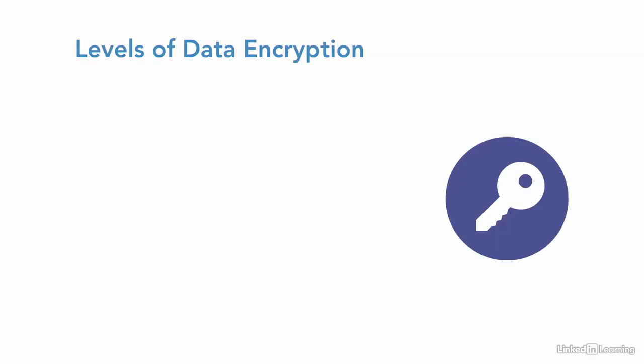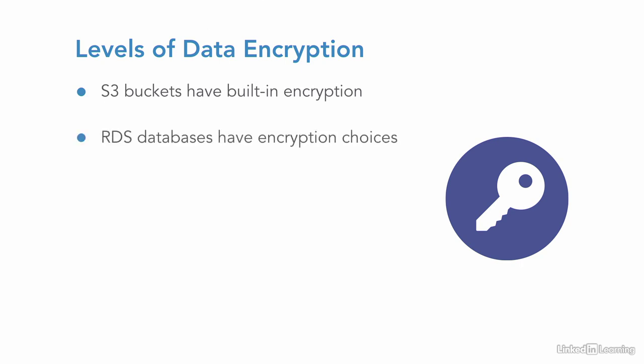When we look at the levels of data encryption, S3 buckets, AES 256-bit encryption, I can enable it. RDS databases, depending on the flavor of database that you choose, there are a variety of encryption choices available. EBS volumes can be encrypted.